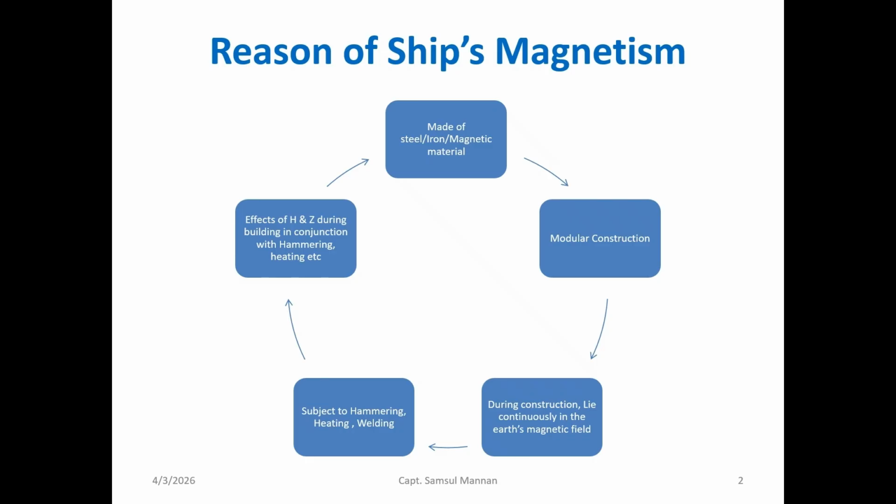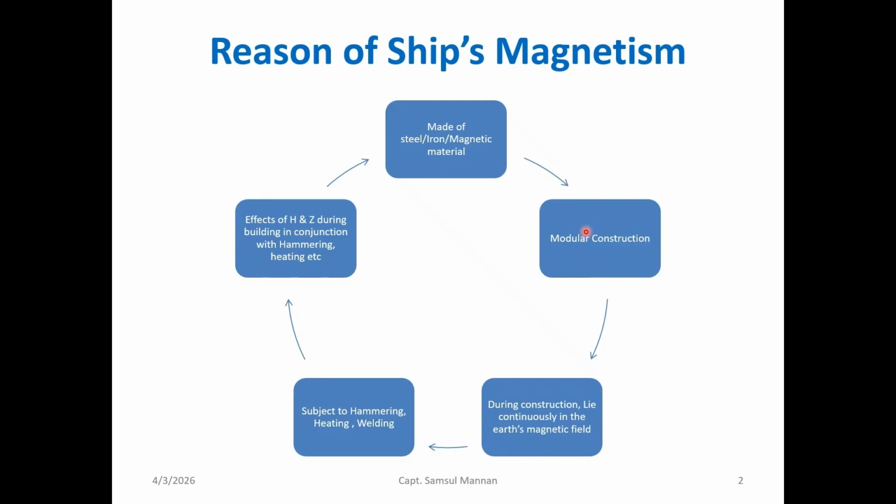That means the ship is made of steel, iron, and other magnetic material which is subject to induction of Earth's magnetism. Besides that, the ship is made with modular construction.